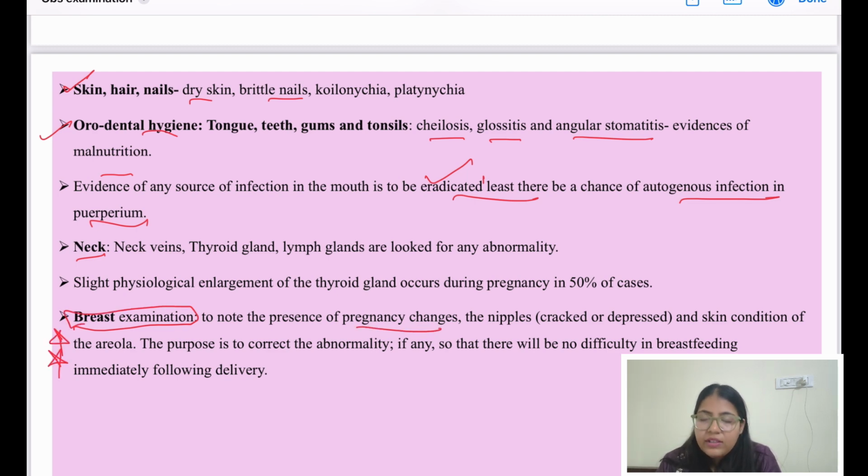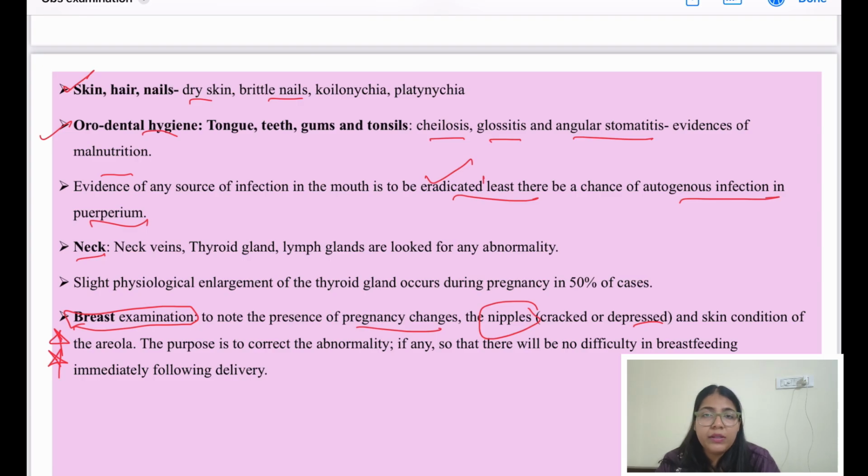Why? Because there are some pregnancy changes in the breast, like Montgomery tubercles, darkening of the nipple areola complex, and there is hypertrophy of the breast tissues. And we should also look for any cracked or depressed nipple, because if the nipple is depressed, then there will be a problem during the puerperal period when the mother is trying to feed the baby.